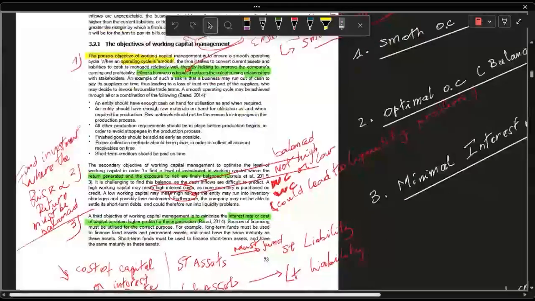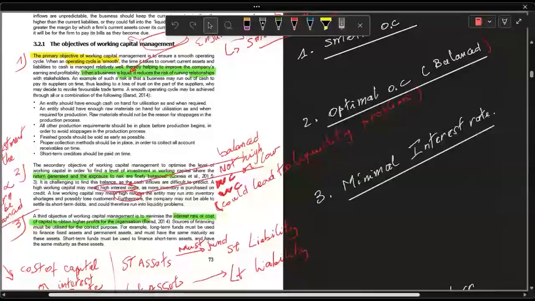You also want an optimal operating cycle where there is a proper balance, right? You don't want to take too much on credit that you are not able to pay, right? You don't want to take also too little that you might run out of material or inventory. So if you have a manufacturing company, let's talk, for example, about Toyota in South Africa. We bring the parts, we assemble those parts, and we create a car.